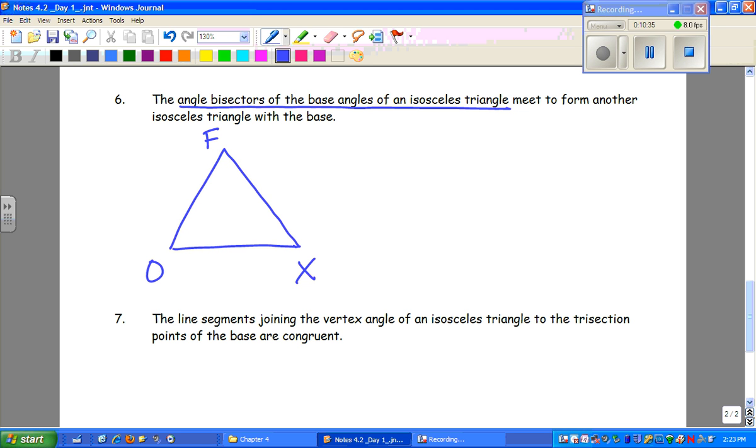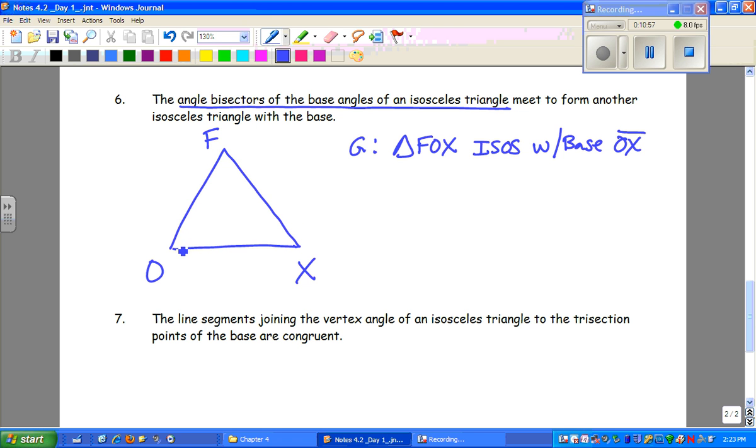And we know it is isosceles to begin with. So let's just jump into the given and say triangle FOX is isosceles with base OX.